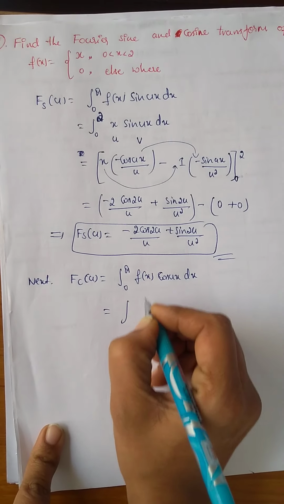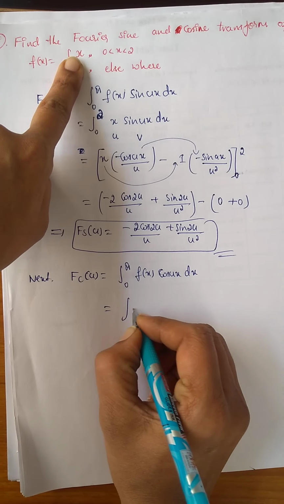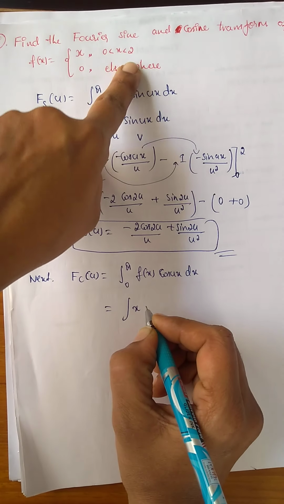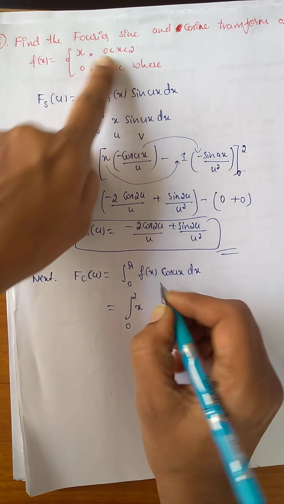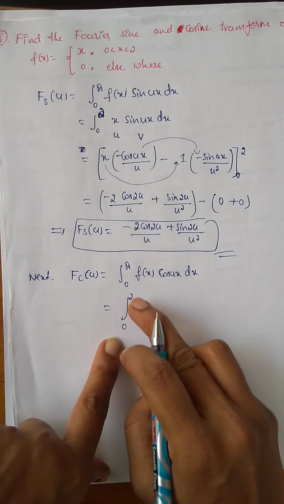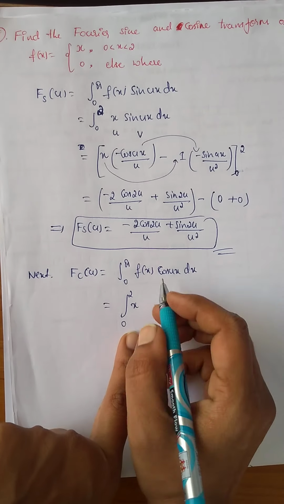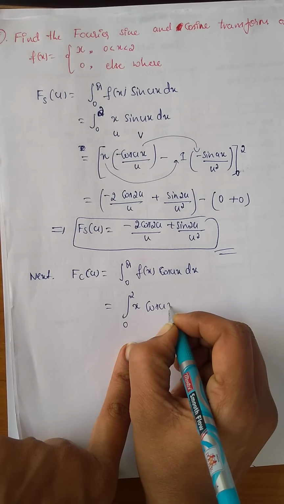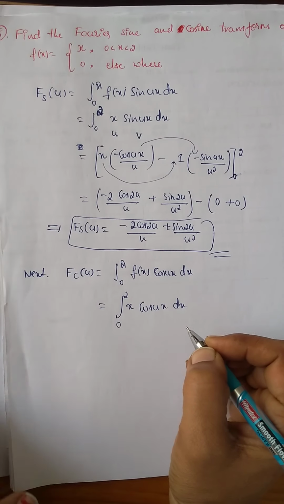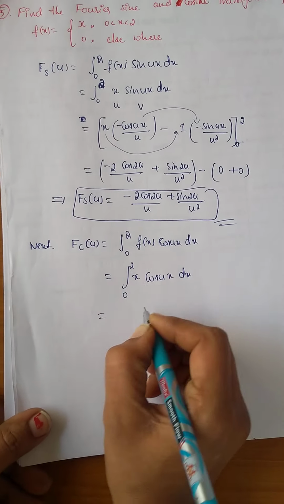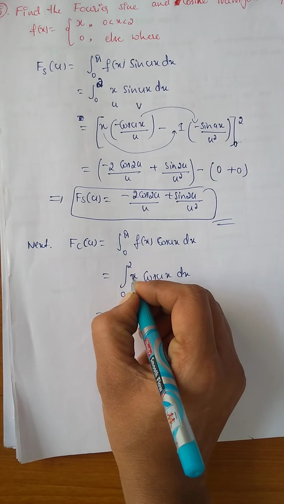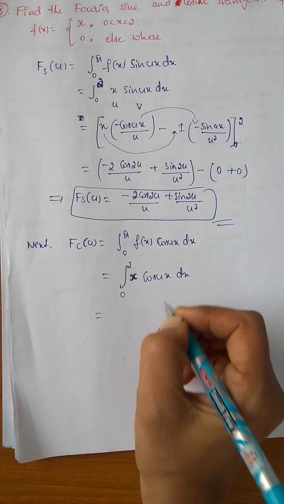The function f of x is given as x only, in the range 0 to 2. Therefore, instead of 0 to infinity we take 0 to 2, and f of x is x cos ux dx. Next, integrate this by applying Bernoulli's, because the first function is a polynomial and the second function is continuous.